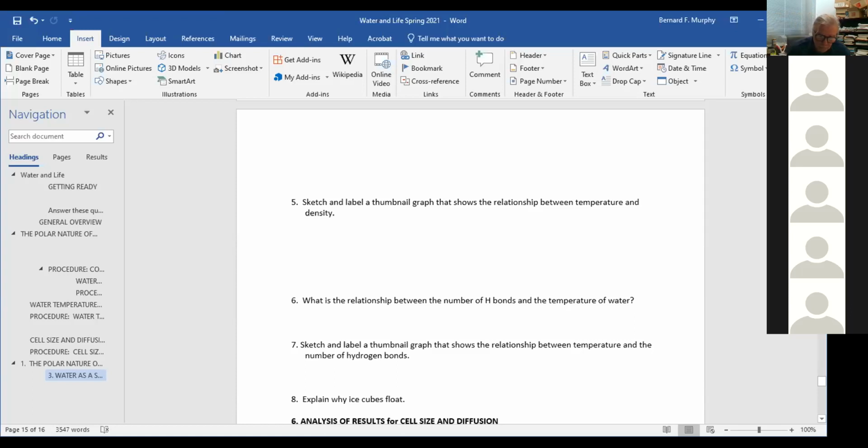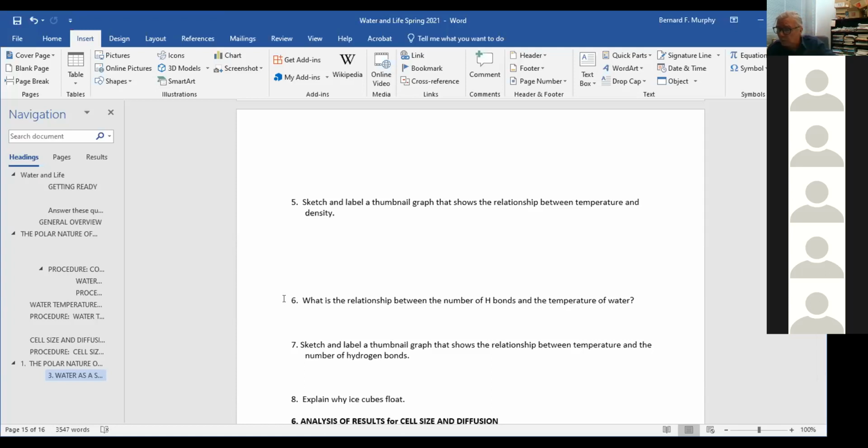6. Relationship between the number of H bonds and the temperature of water. Again, temperature being the independent variable, H bonds dependent, and as the temperature goes up, the number of hydrogen bonds decreases.